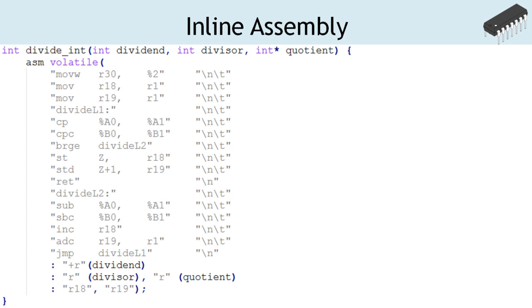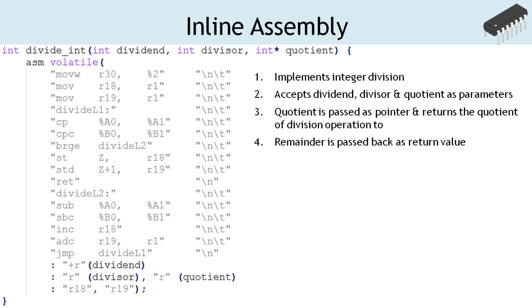The code shows the implementation of integer division as an inline assembly implementation. The function divide_int accepts 3 parameters: dividend, divisor, and quotient. The dividend and divisor are integer type, and quotient is an integer pointer. The quotient of the division operation is passed back to the calling function in the integer pointer. The remainder is passed back as the return value.